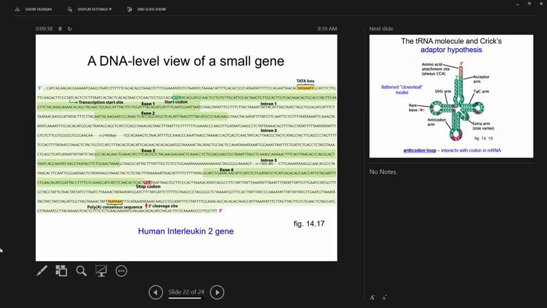That's where, going back to the transcription chapter, the TBP, or TATA binding protein component of TF2D, or transcription factor 2D complex, binds. That will bring in, along with the other general transcription factors, the RNA polymerase, and then right here is the transcription start site. So this A is the first nucleotide that will get transcribed into RNA.